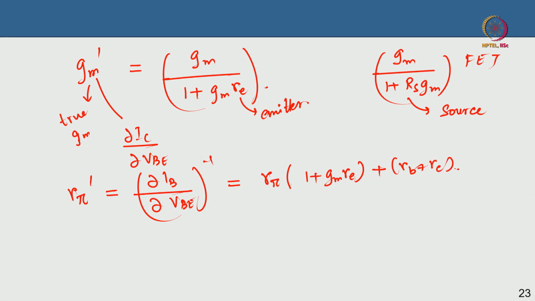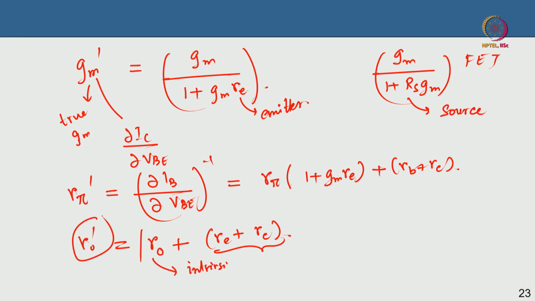And similarly R naught, the output resistance: the true output resistance is the measured output resistance plus RE plus RC. So this is actually the intrinsic output resistance, plus these components will give you the measured output resistance.